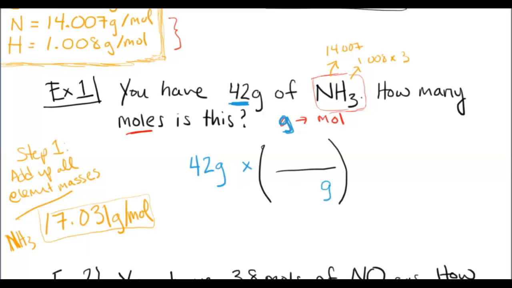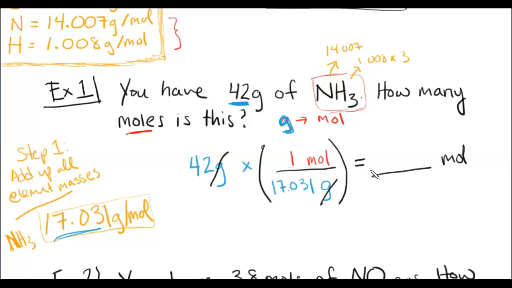And then our moles have to go on top. We know this is 17.031 grams per 1 mole, so it's 1 mole up here, and then our grams is just this number right here, 17.031. This is going to give us moles because the grams here are going to cancel, and we're just going to have moles left.